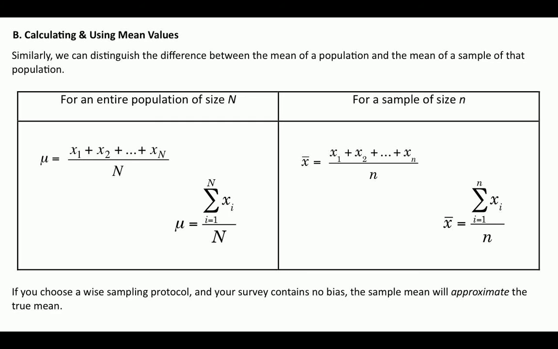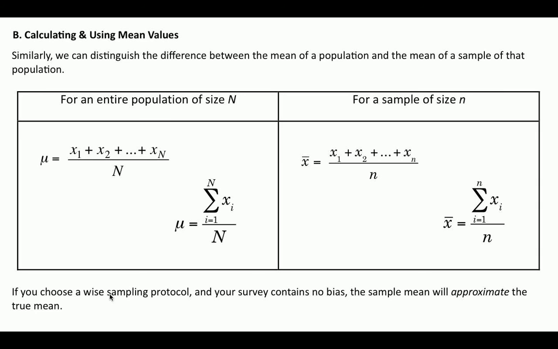Note that the little symbol there is called x bar. When you're working in Excel, there's no easy way to put x bar in, so you'll just type in XBAR. And for mu, you can either put in MU or just a little lowercase u, and we'll know what you mean. But X bar is for the sample and mu is for the population.